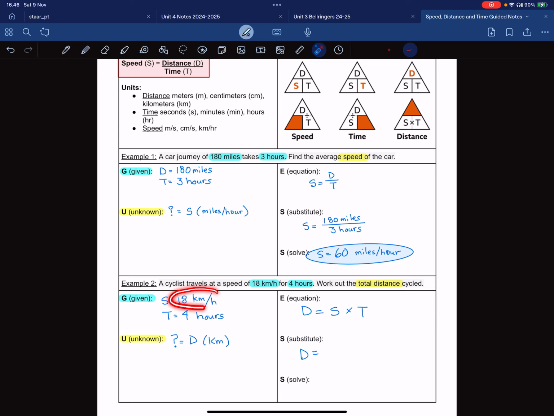What is my speed? 18 kilometers per hour, multiplied by my time, 4 hours.